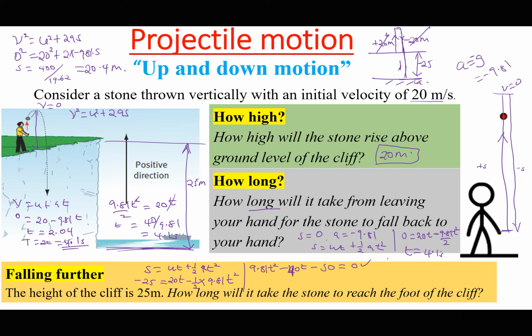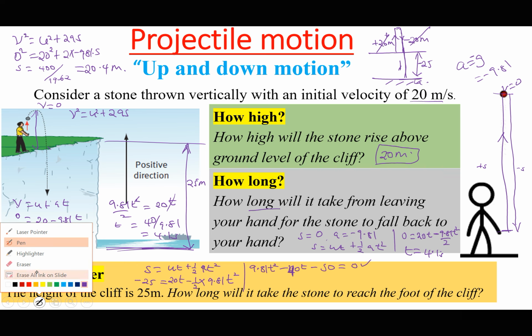Alternatively, you could consider the body when it is just starting to fall from the highest point. Here we said it took 4.1 seconds. So I'm going to delete this so that I create some space here.